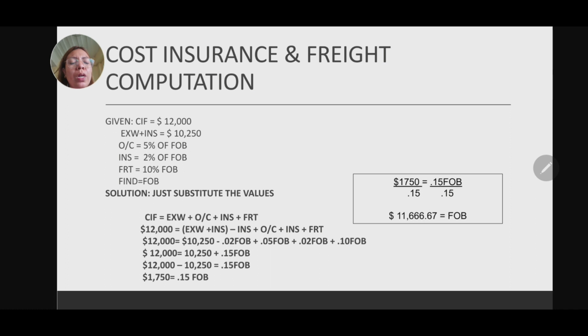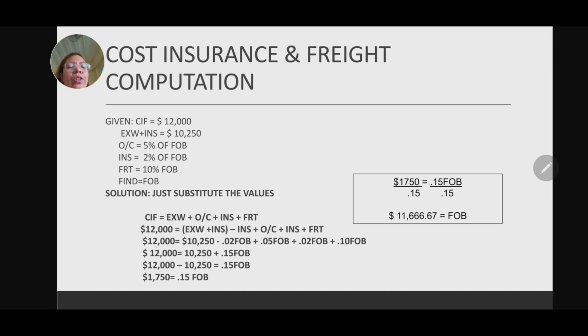We just need to transpose the similar terms. We need to transpose 10,250 to the other side of the equation so that we can compute. As a rule, if a positive sign is transposed to another side of the equation, it turns negative.